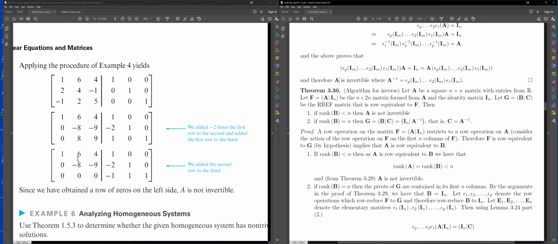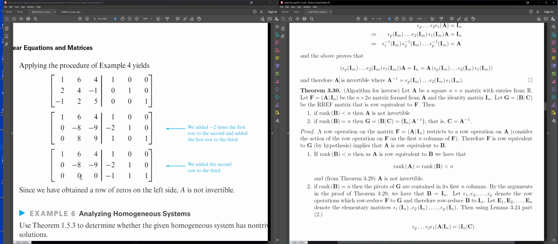Another way to see this is that when you do your row operations and you end up with a row of zeros just on the left-hand side. Remember, you're not to consider the right-hand side over here, we're just looking at the left-hand side.